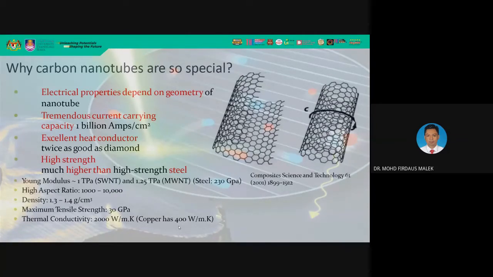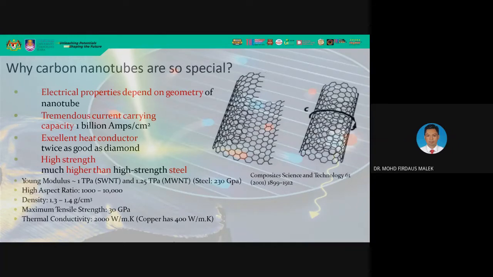So another benefit of using carbon nanotubes is we can tune the band gap of the material. Okay, so we can switch the band gap for specific applications. If you want to use it for sensors or for solar cells, for any other optoelectronic applications, you can tune the band gap.